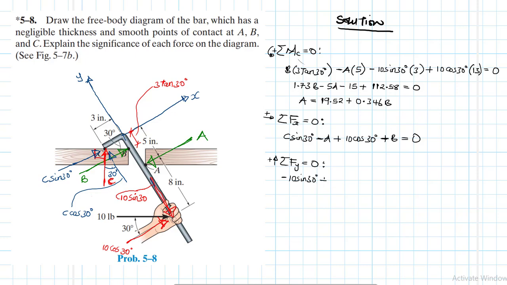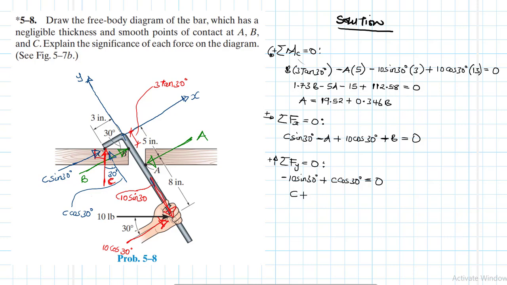We have a plus C cos 30. What else? We have that one and that one. I think that's about it. We have this component in this direction and in this direction. That's about it, right? I think you don't have anything else. Is equal to 0.